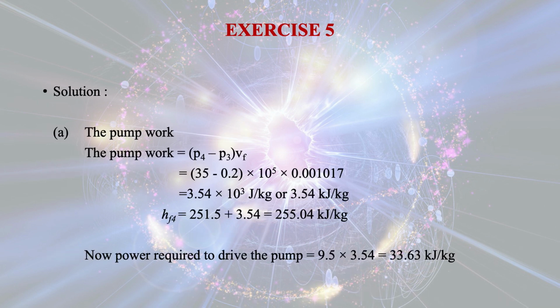For this case, the pump work is equal to VF multiplied by P4 minus P3, that comes out to be 3.54 kilojoule per kg, and the power required to drive the pump is equal to 9.5 multiplied by 3.54, which is 33.63 kilowatt.